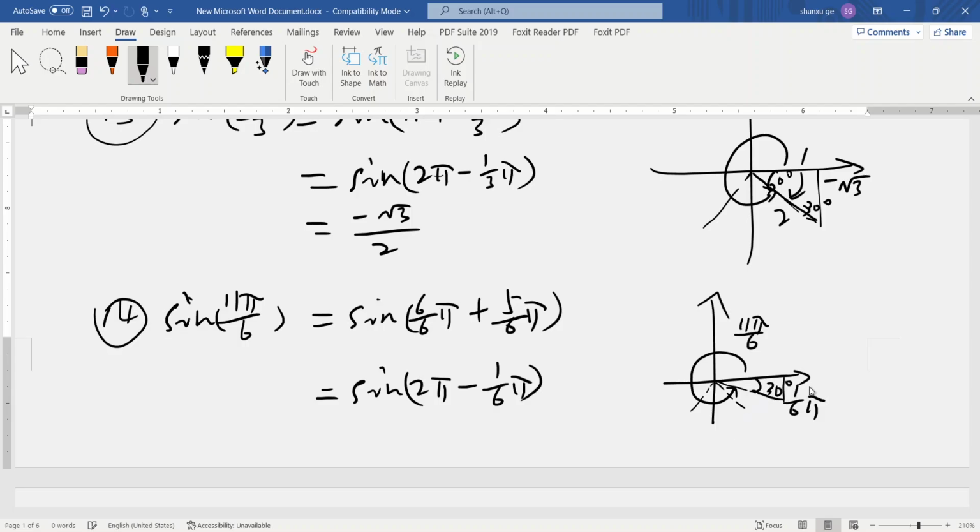So that means this side, this is 1, this is 2, this is square root 3. So same as this 1, but this way negative. Negative 1 over 2.